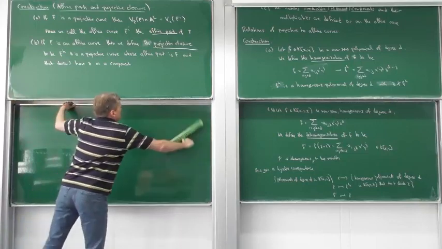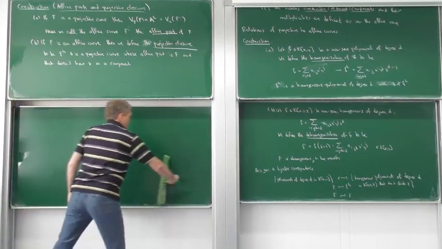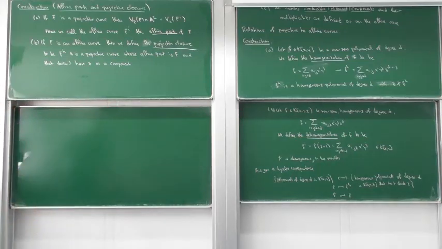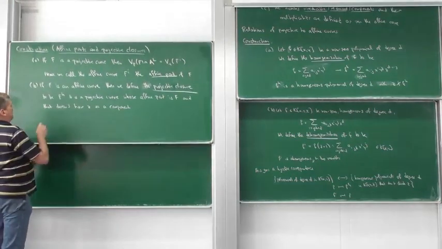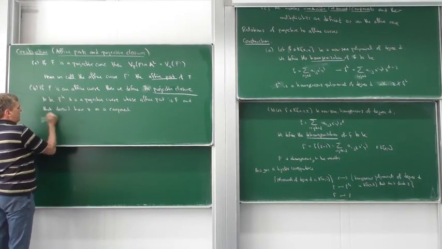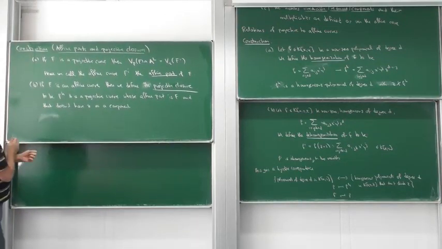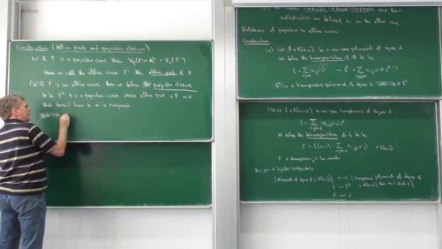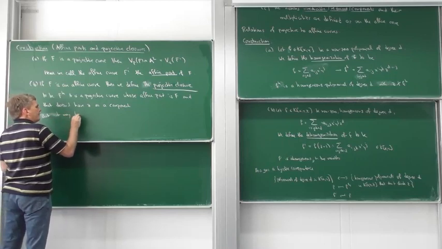Let's do that. So for the second part B here, if we have an arbitrary polynomial which is not homogeneous, it may have points at infinity.